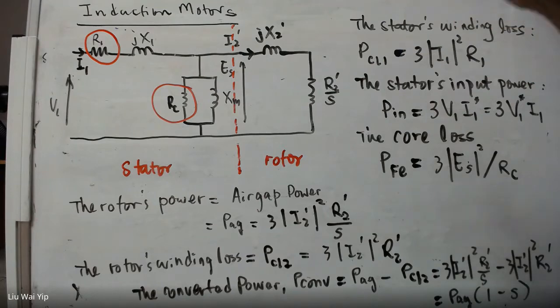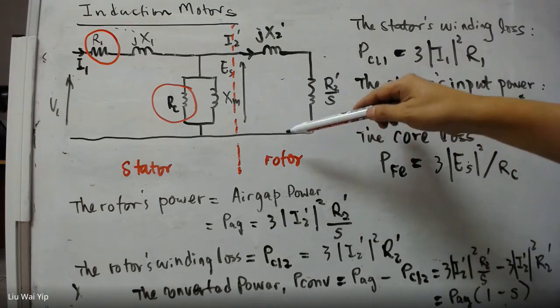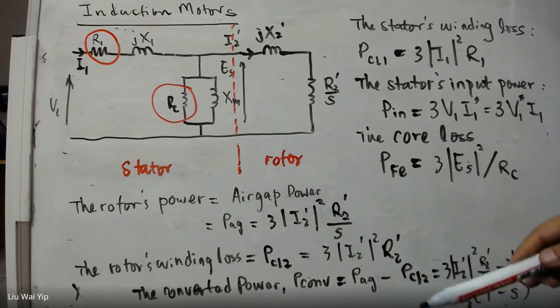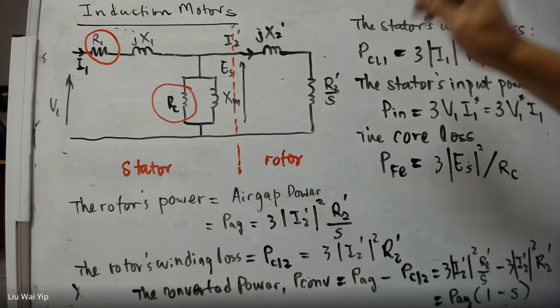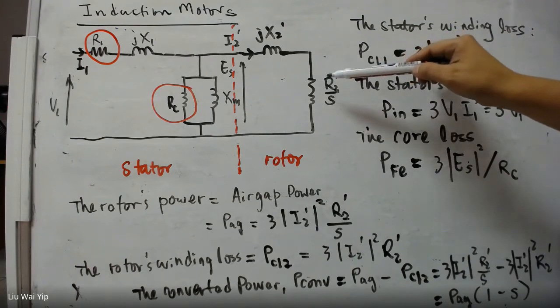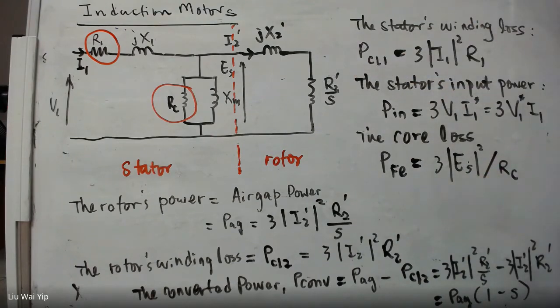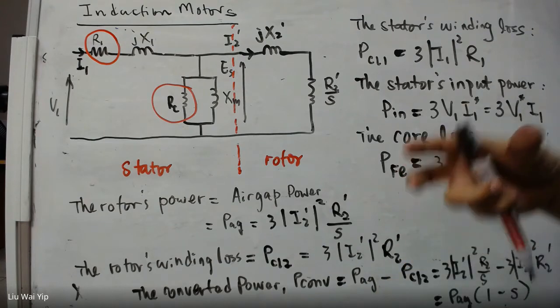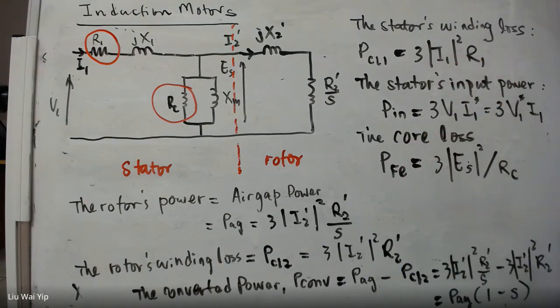But there's a difference between the rotor and the secondary of the transformer. The difference is in the resistance. The secondary of the transformer is not motional. It's not something that can move.